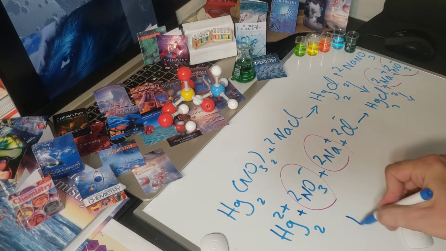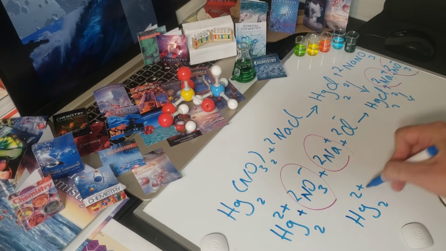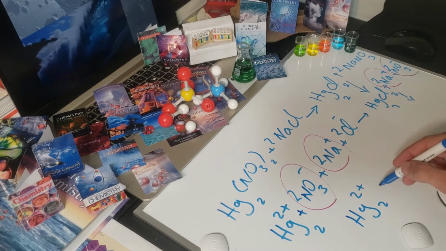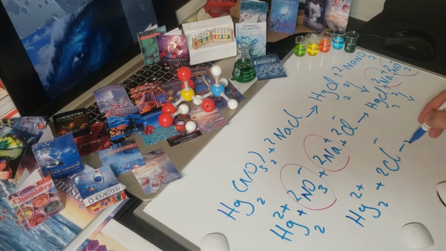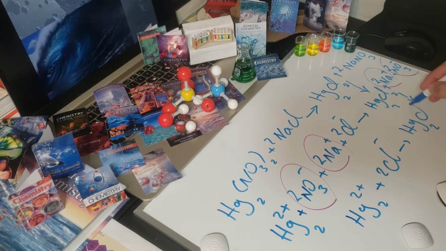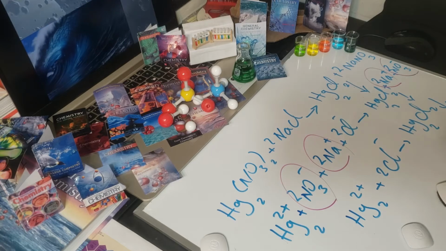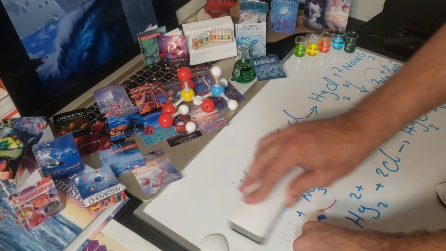So that's Hg2 double plus and 2 Cl minuses, giving you Hg2Cl2 as your precipitate that's going down. Okay, so that's this.